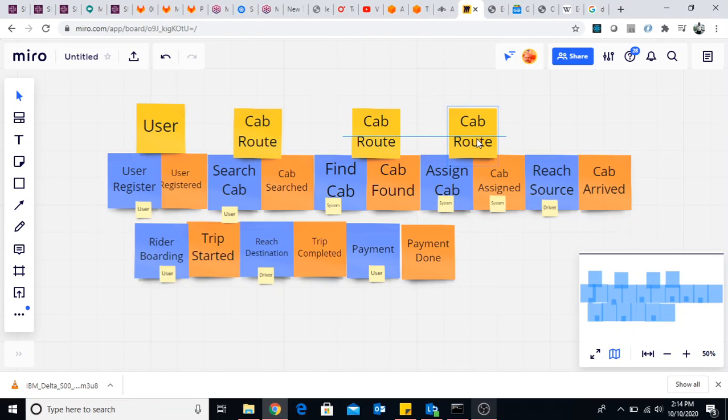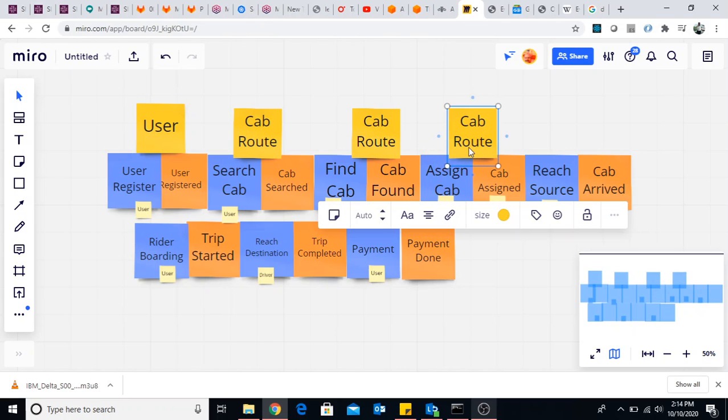That we should discuss with the domain expert. As per my understanding, it will get assigned, and it's up to the driver whether he is accepting this or not. So cab route. Then reach source and cab arrived. So again, rider boarding, reach destination, and the payment done.